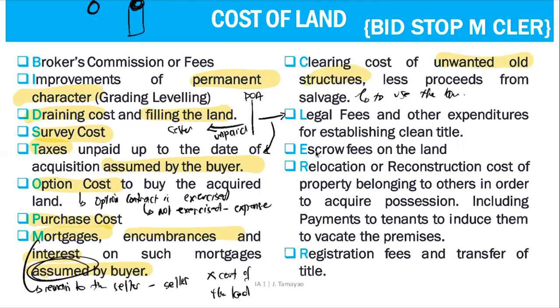Nasundan? You remove those old structures to use the land. But if you remove the old structures for other purposes, then it is not attributable to the land. It must be necessary for the present location and condition of the land. So kung meron structure dyan, tinanggal mo para lang magamit talaga yung lupa na yan, then cost of the land.